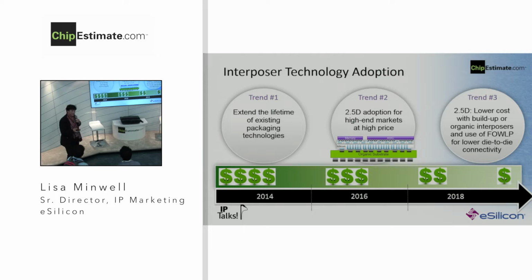So what we see happening in the third trend, and what will happen probably starting in 2018 and onward, is coming up with some new technologies for 2.5D. This is looking at organics, build-ups, and also fan-out wafer-level packaging. This kind of feeds the timeline. Right now, we're at this 2.5D adoption predominantly with silicon interposer today.